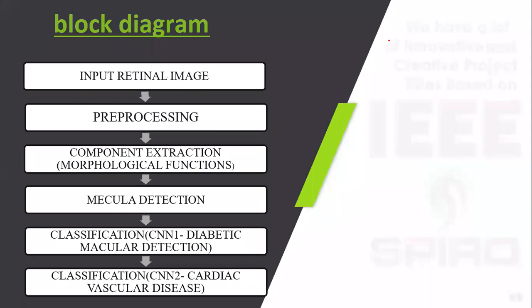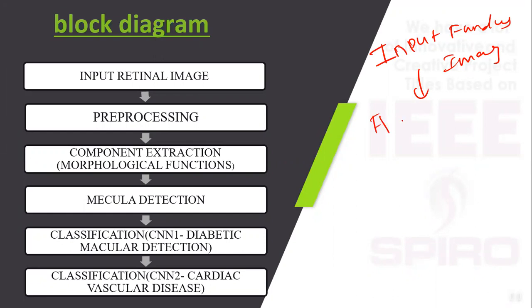The block diagram. First, you take an input fundus image. Next, this image is a 3D image. Next is pre-processing. In pre-processing, we convert the images, adding a filter, RGB conversion or color conversion.